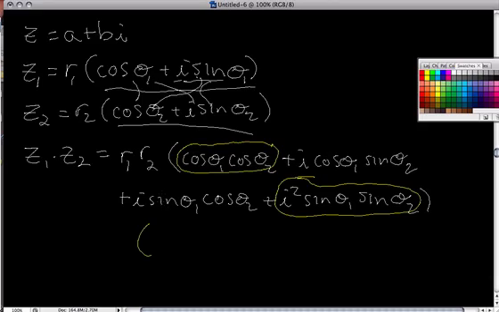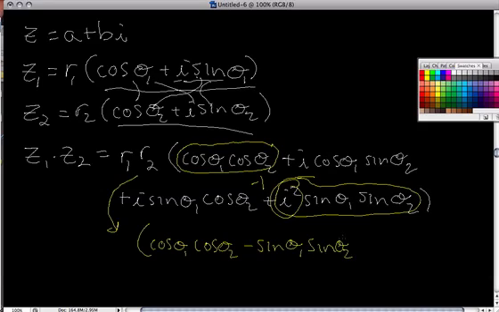So we've still got our r1 times r2, but inside the parentheses we're going to have cosine theta sub 1 cosine theta sub 2, and then the i squared, of course, is negative 1. So this is really minus sine theta sub 1 sine theta sub 2. Okay, that's that part.